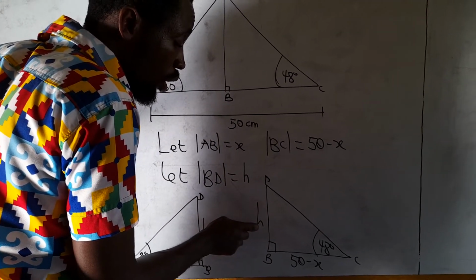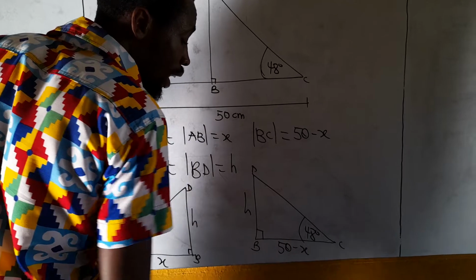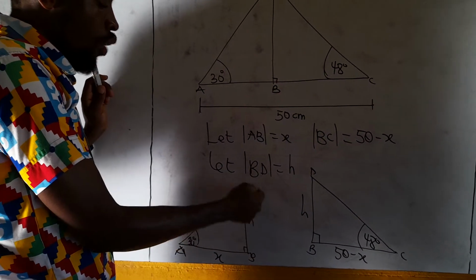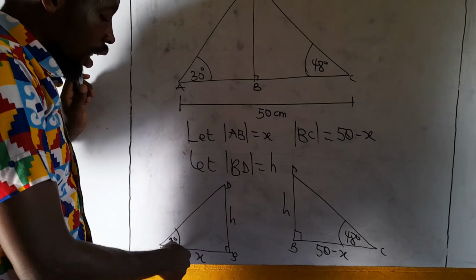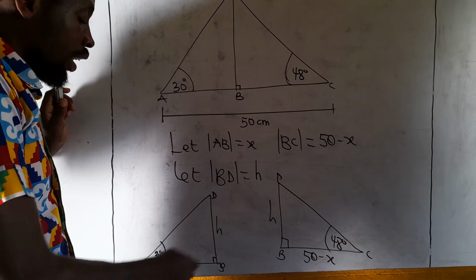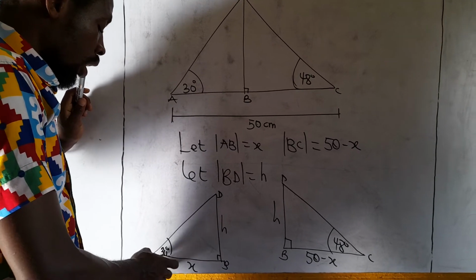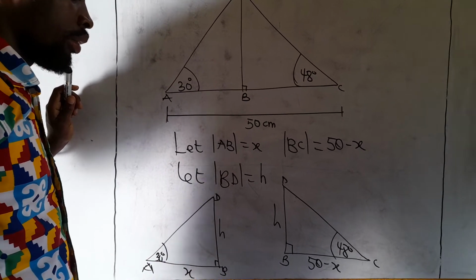So H is the opposite against my adjacent. I will use tan. Also, I have the side H against the angle, opposite against the adjacent. I will still use tan to find the side X.